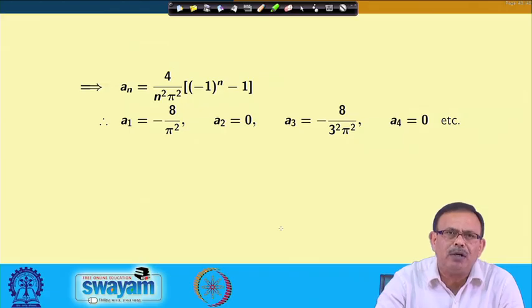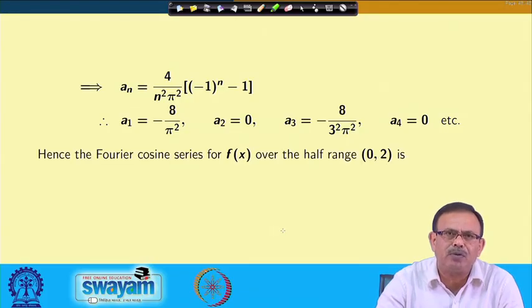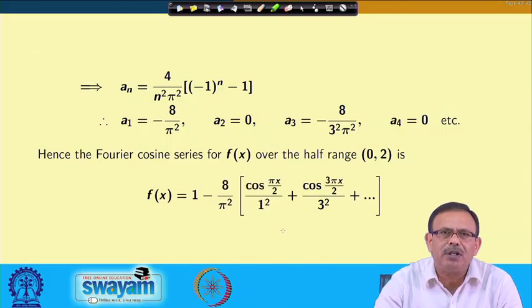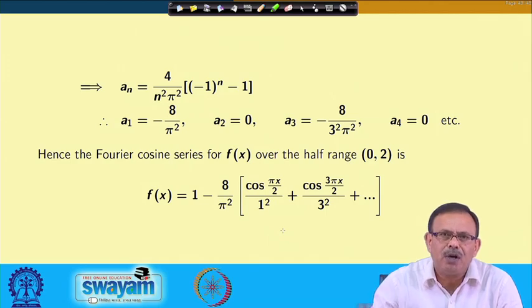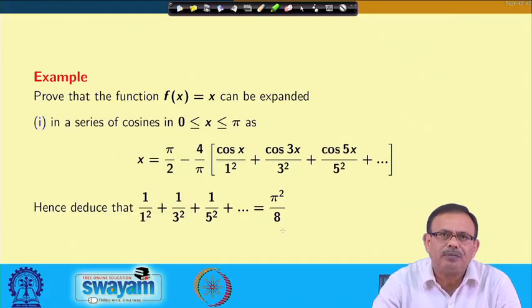So, that your a 1 will be minus 8 by pi square, and all the even terms, that is a 2, a 4, a 6 all are 0, a 3 will be 8 by 3 square pi square. So, that Fourier cosine series of f x in the half range 0 to 2, we can define it like this way.